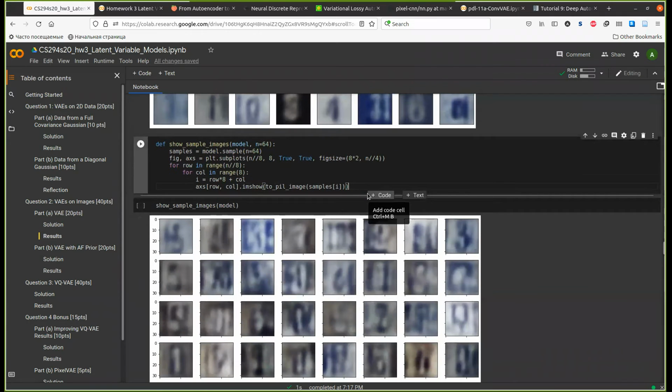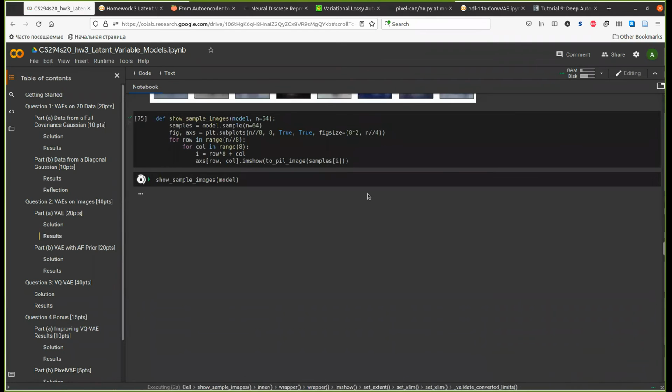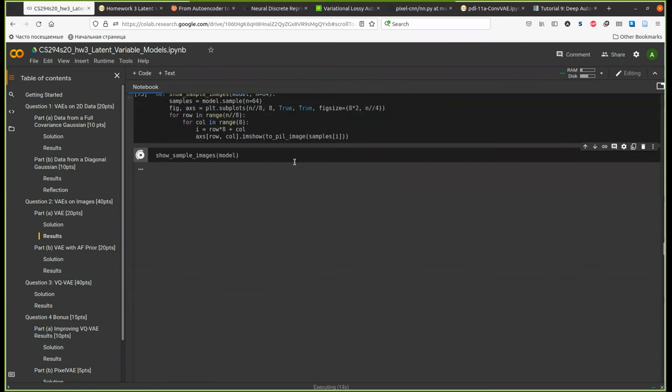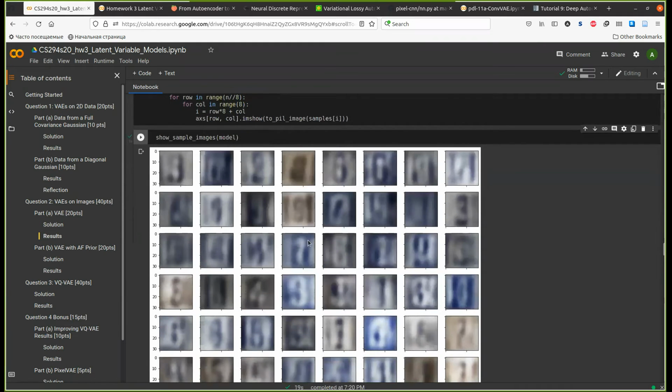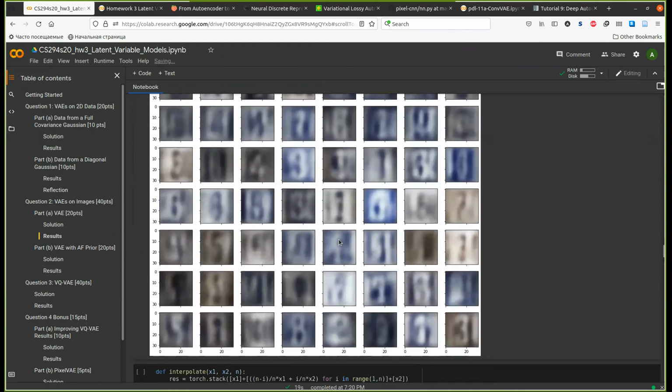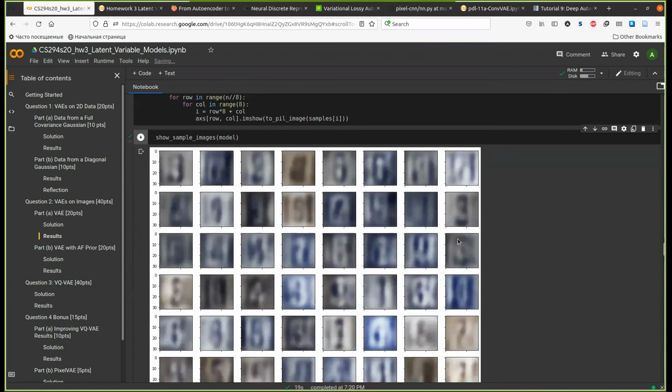Okay, so let's look at the samples from the model. For some reason, it takes some time to sample. I don't know why, it should be faster. You see that the samples are quite diverse, right?